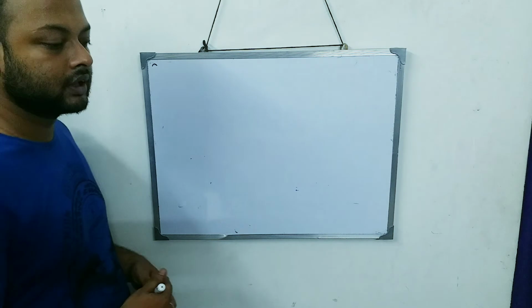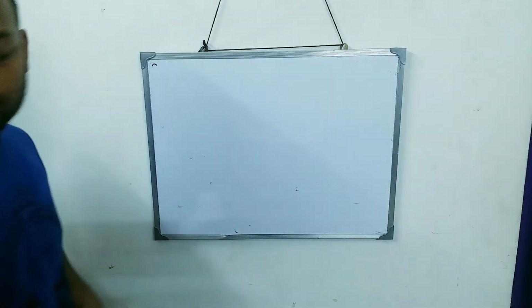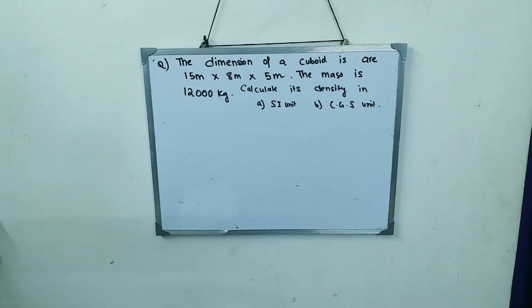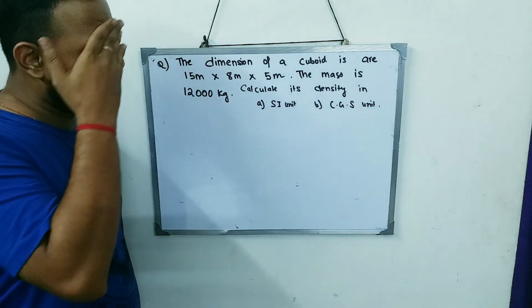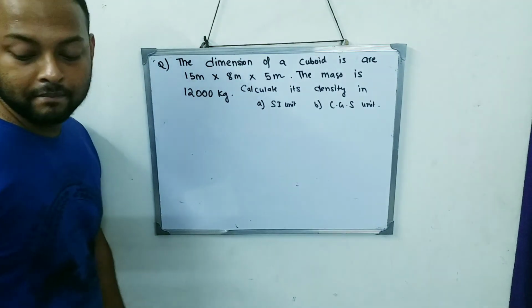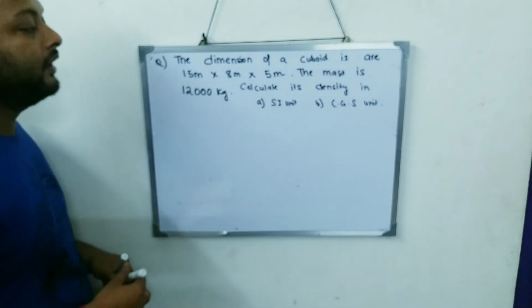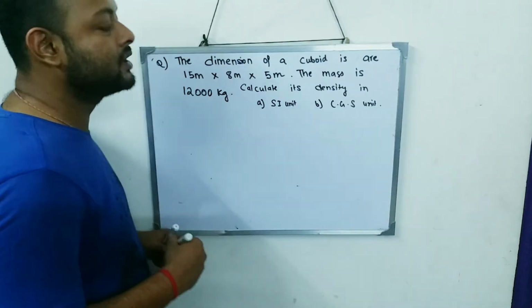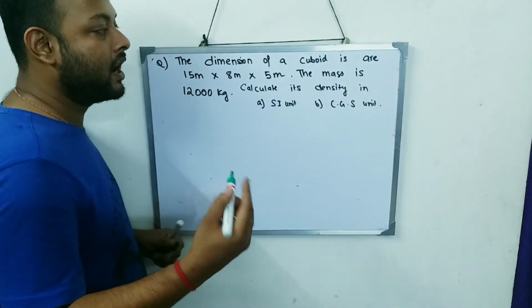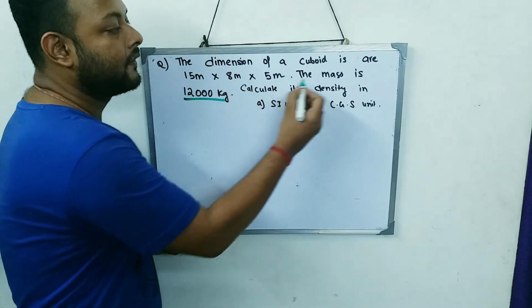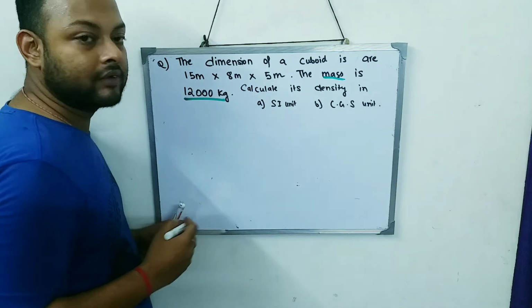Suppose I give a question in this fashion. This is the question I have given and I have to find the answer. In this question, look very specifically: mass is given directly. The mass is 12,000 kg.